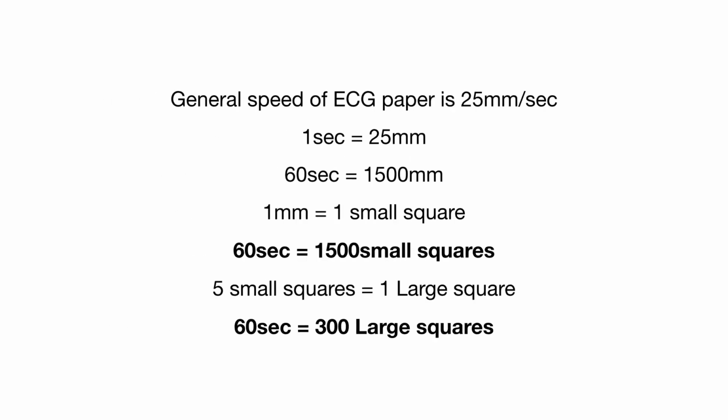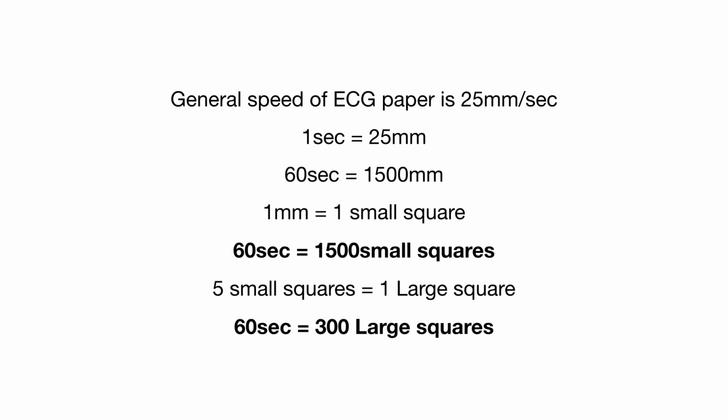The general speed of ECG paper, which you can find at the bottom of the electrocardiogram, is 25 mm per second. That means in 1 second the paper is traveling 25 mm. In 60 seconds it will travel 1500 mm. We know that 1 mm equals 1 small square.